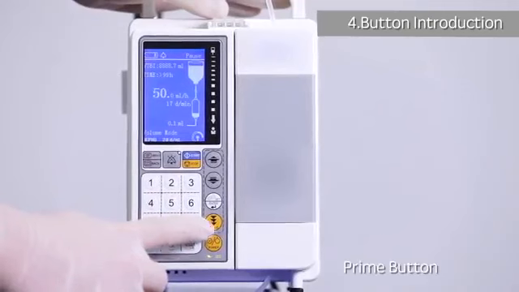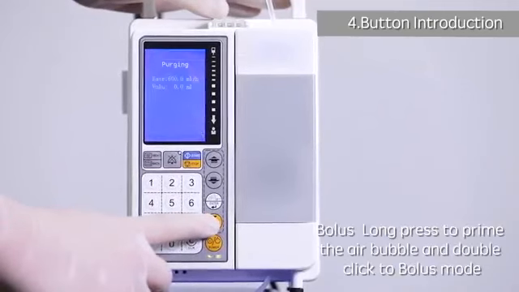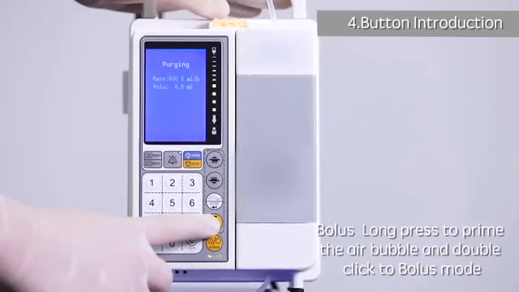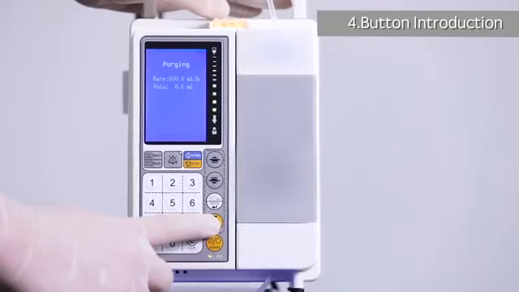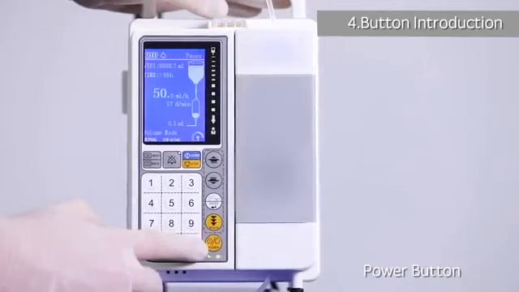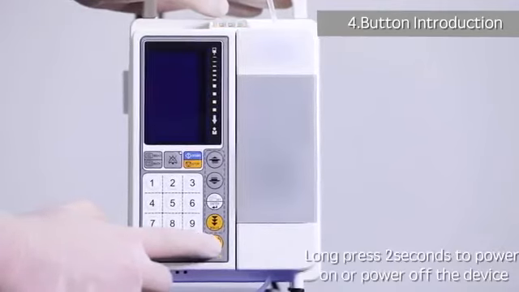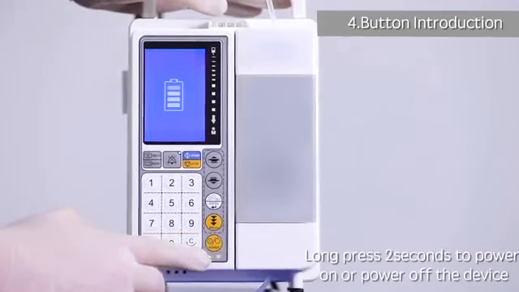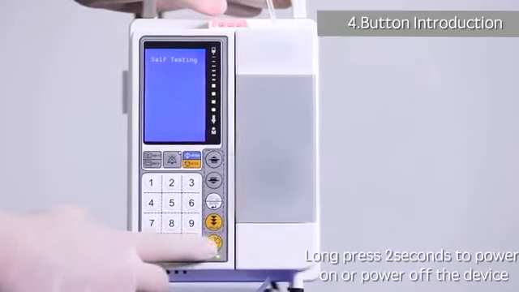Prime button, bolus: long press to prime the air bubble and double click to enter bolus mode. Power button: long press 2 seconds to power on or power off the device.